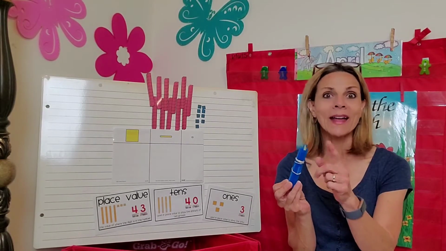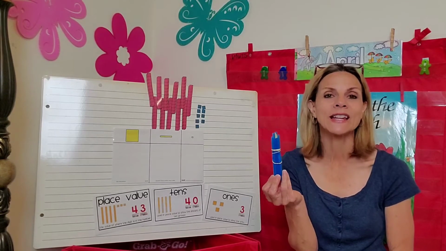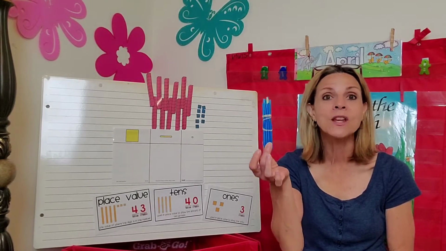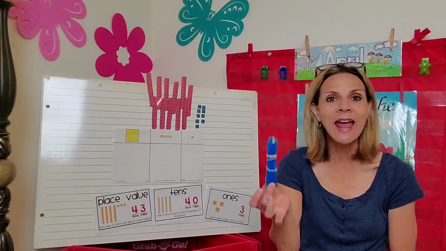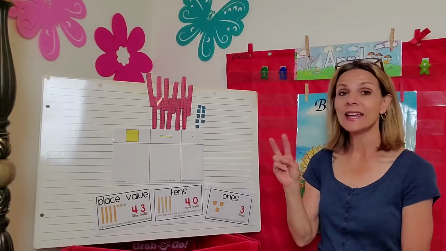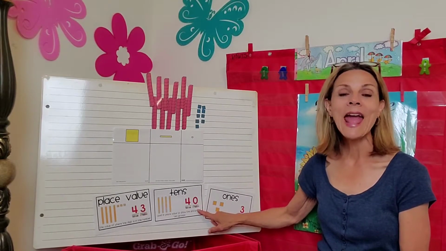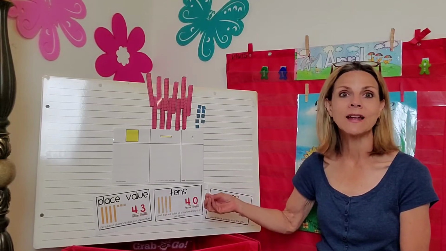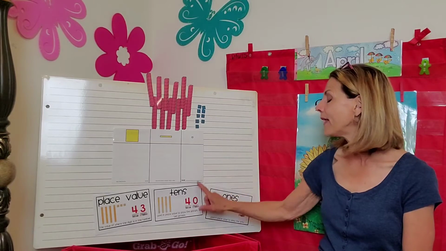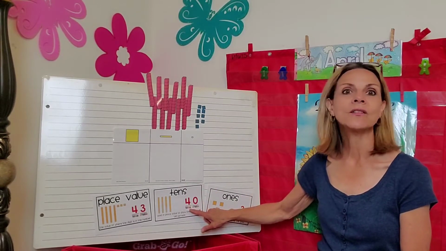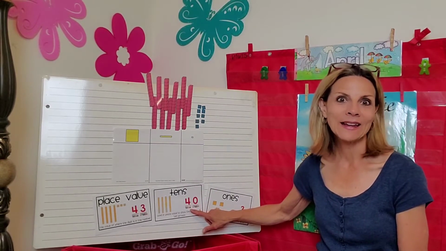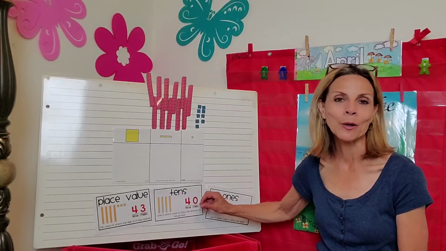I don't have to go back and count those singles again because I know that now they've formed one group of 10. And I understand in a two-digit number that this position will show me how many single units I need to build that number, and then how many groups of 10 it takes to build that number.